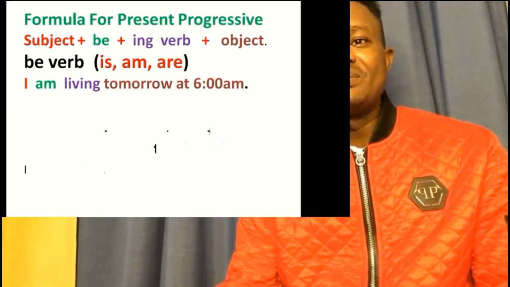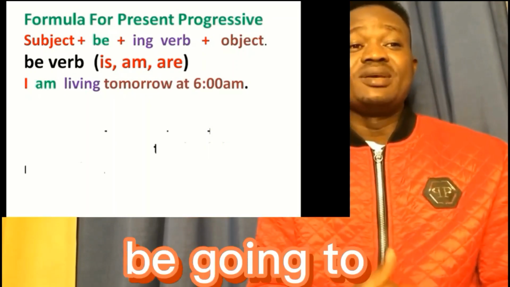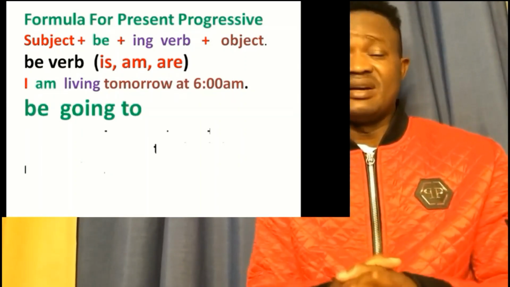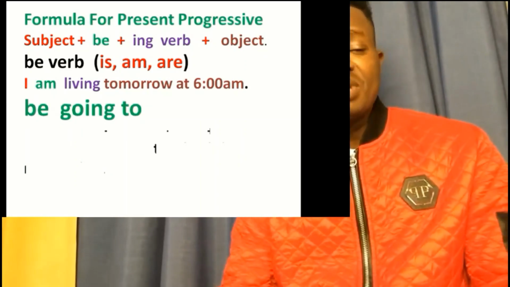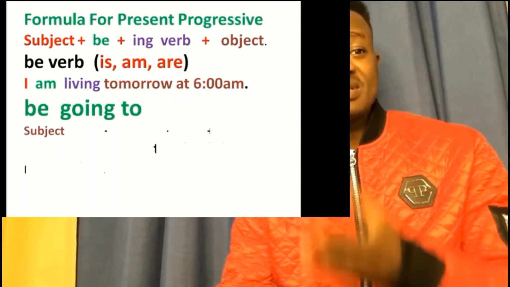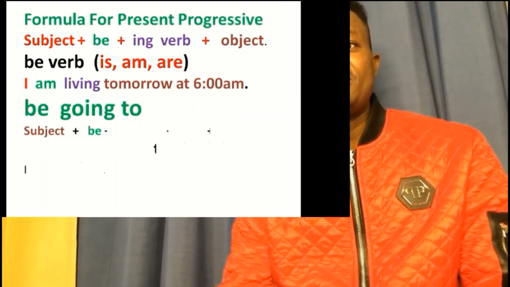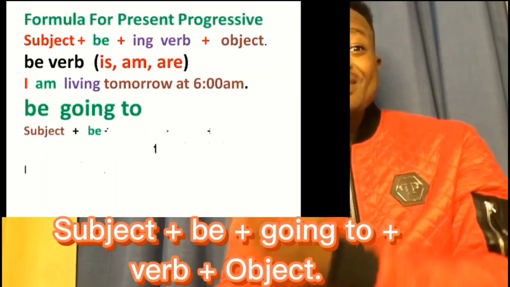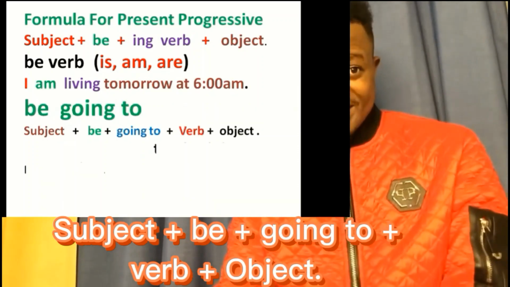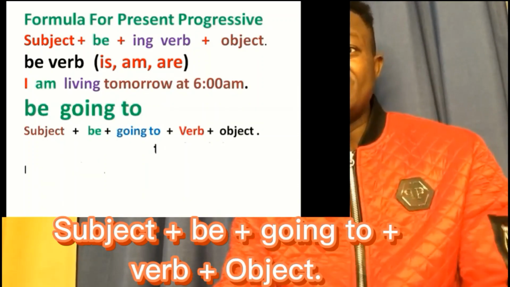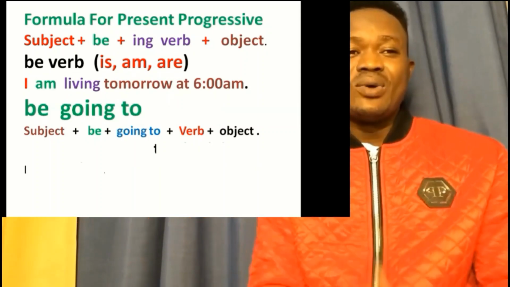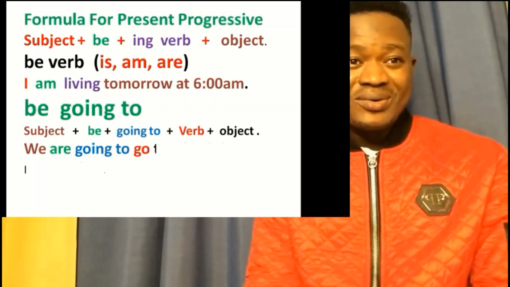Okay, let's go. Be going to. We also have another formula, be going to. Okay, so the be going to formula has to be subject plus be verb plus going to plus verb plus object. Okay, let's go.